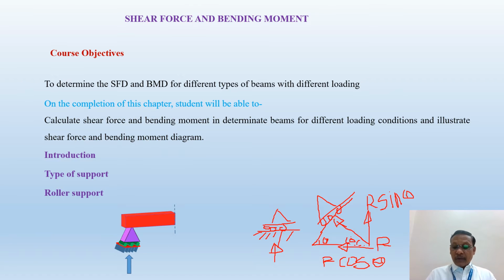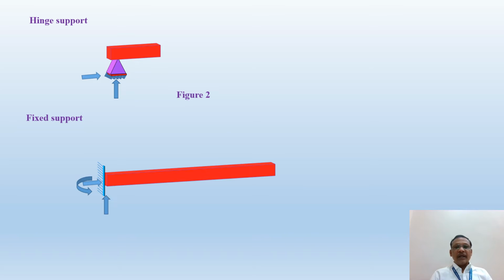We are discussing the types of supports. We have discussed how to draw the free body diagram of the roller and hinge supports. The second type of support is the fixed support.